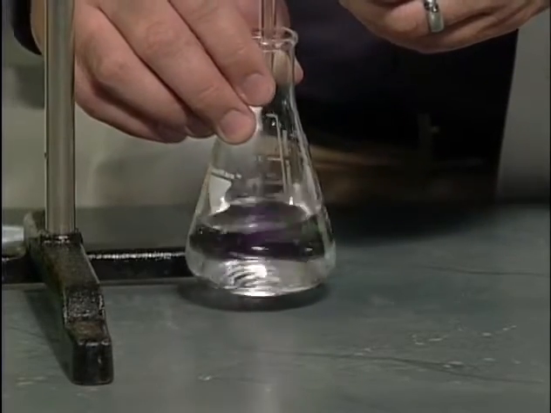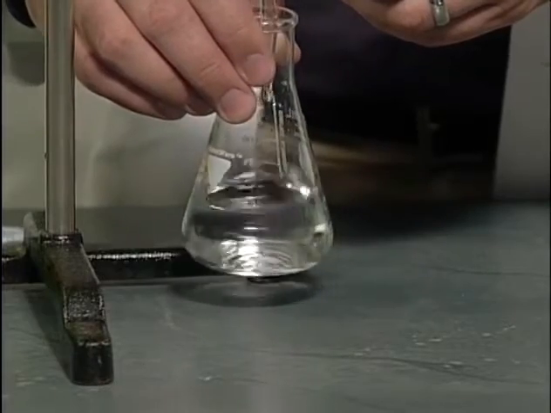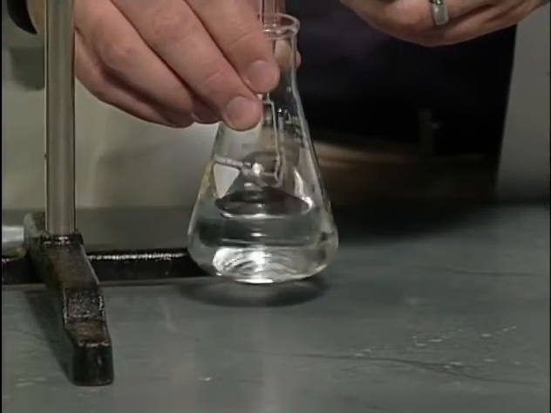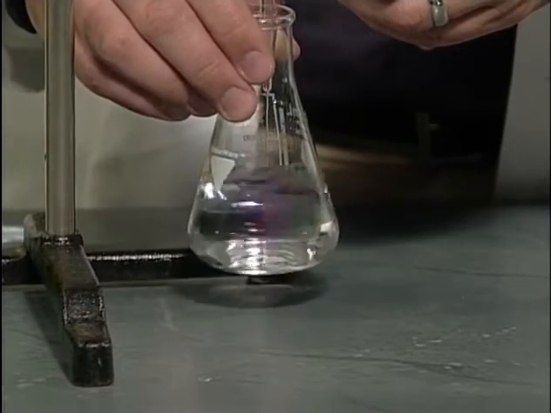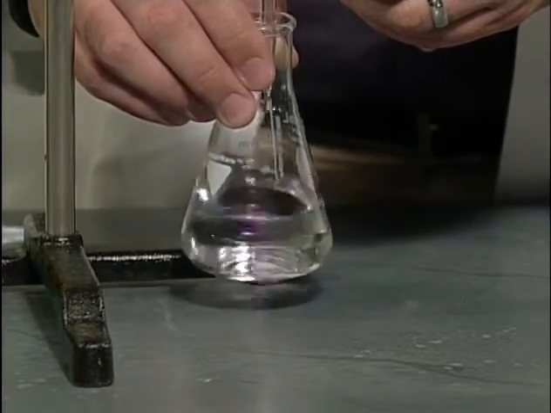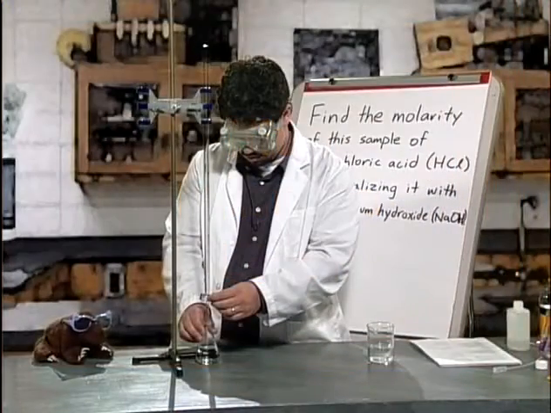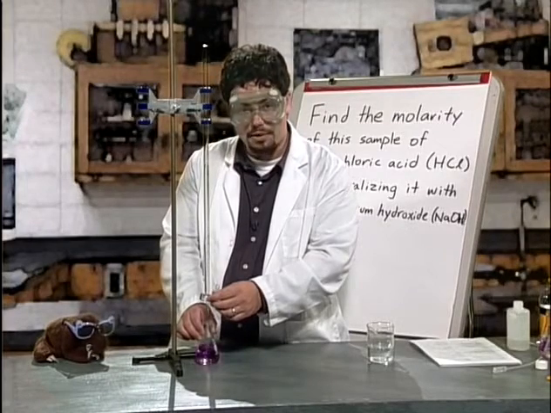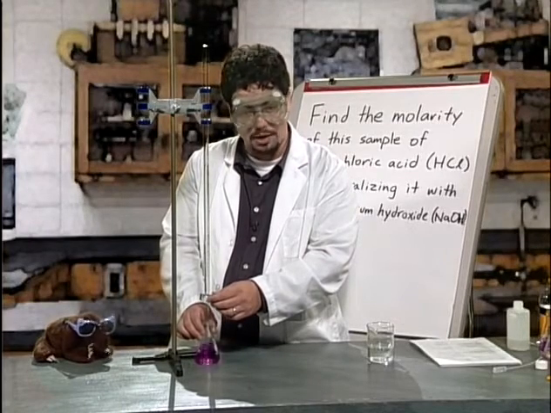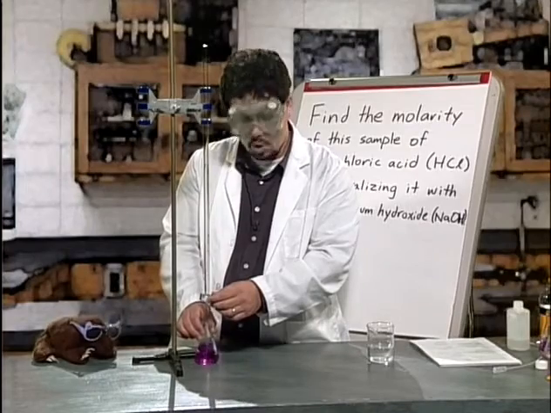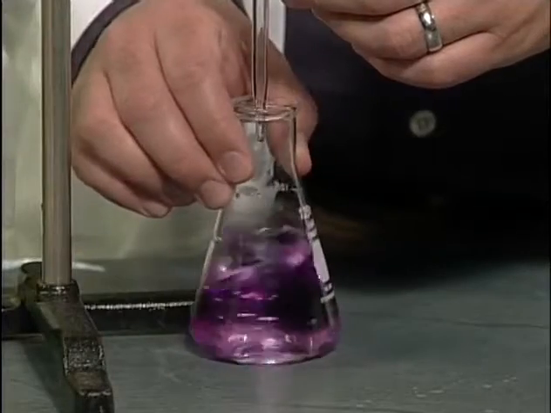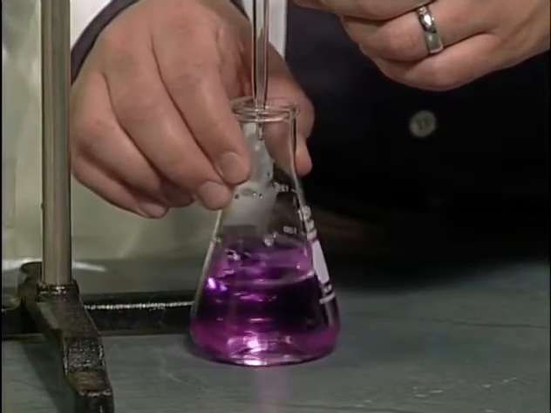We will continue to add sodium hydroxide until the faint pink color begins to stay for longer periods of time. At this point, we add the sodium hydroxide drop by drop, so we don't add too much. When the faint pink color remains after about 30 seconds of swirling, we have reached the end point of the titration.